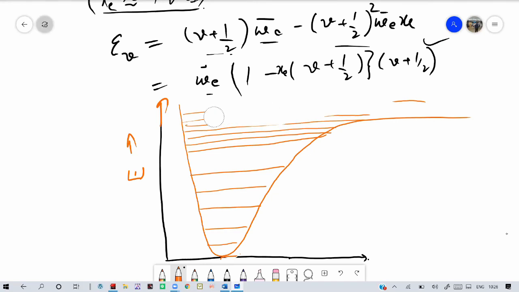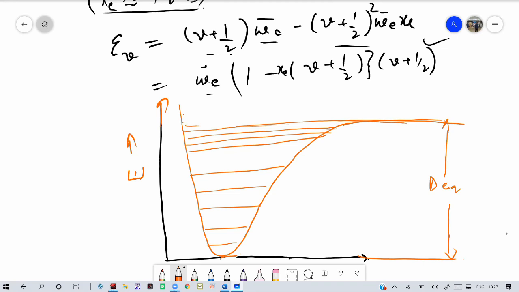Here we don't need them actually because they are separated apart. When you draw this, it will go straight now. This is D equilibrium. From the ground state to here, it is D naught.